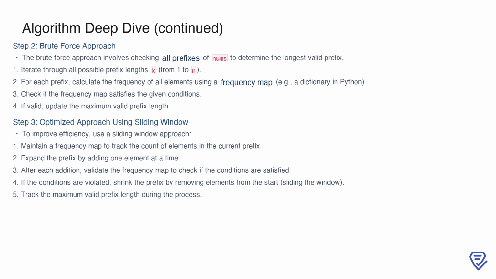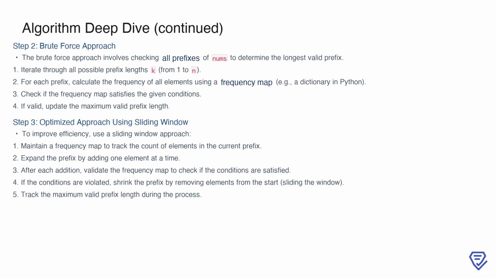Once the frequency map is built for a prefix, we validate it against the required conditions. If the conditions are satisfied, we update the maximum valid prefix length. While this method is straightforward, it involves recalculating frequencies for every prefix and performing validations repeatedly, leading to inefficiency.